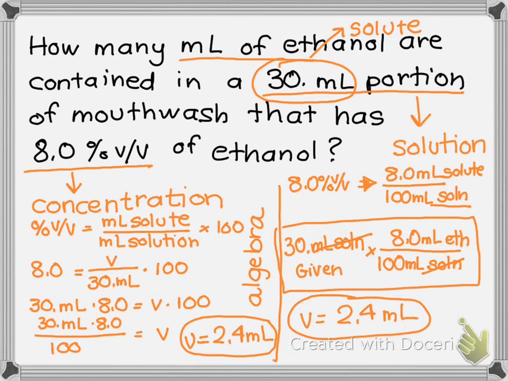And so the second way is using concentration as a conversion factor. Now, I don't advocate for one method over the other, although I do prefer the second method because it kind of shortens the process. But I just show you both so you can practice and try to figure out which one is best for you solving problems.